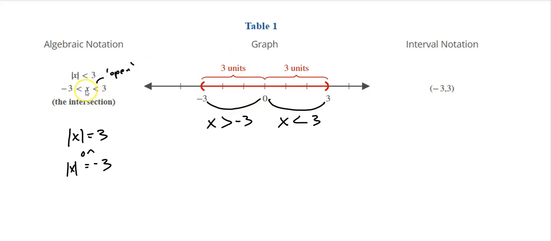x can be greater than negative 3 or less than 3, but not negative 3 and not 3. That's what this is saying. Remember that. That is going to become very much more important as time goes on, if this is not just your last math class, if you're going to keep going on. That will become more and more apparent in how important that is later on.